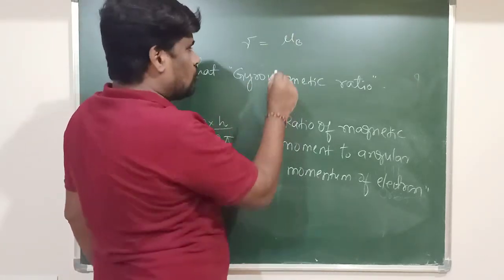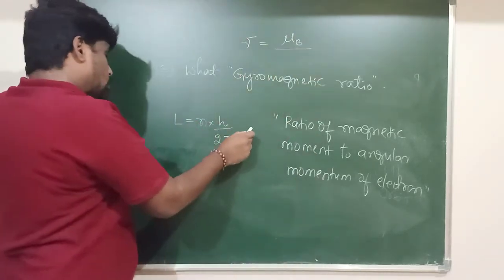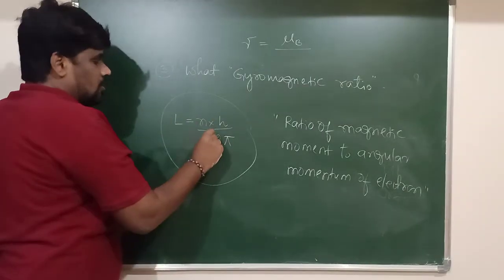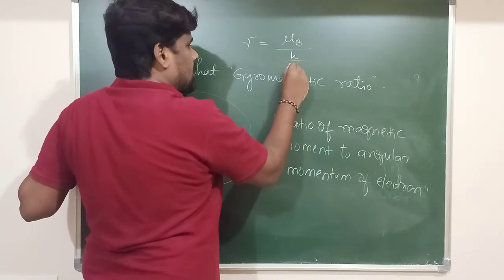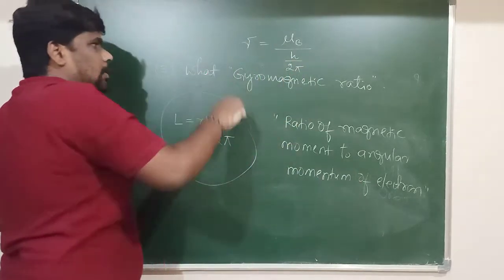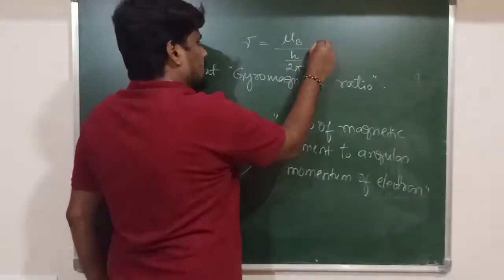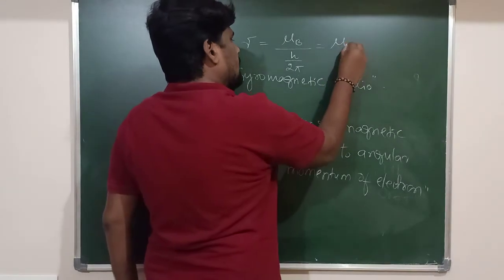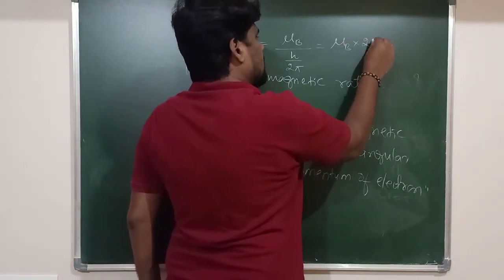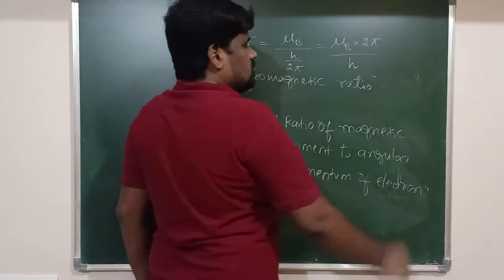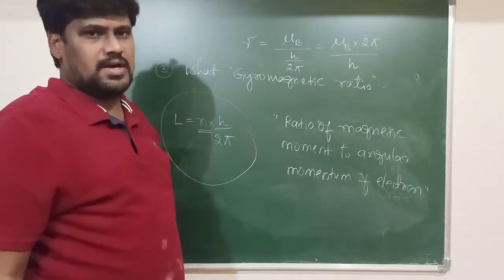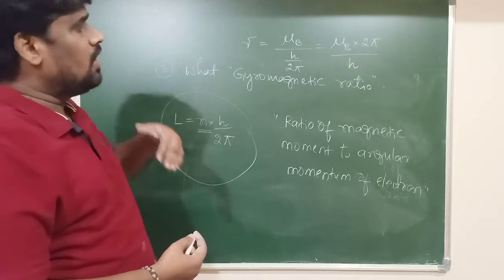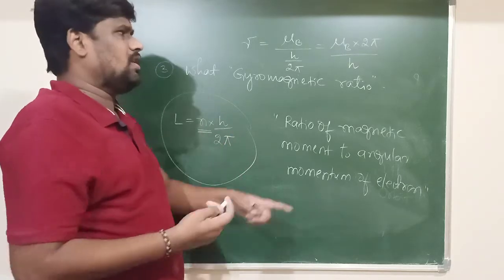It is also called Bohr magneton. Divided by what is the angular momentum of the electron revolving at the first orbit? That is given by what? h divided by 2 pi. Take 2 pi to the numerator. It will be μB into 2 pi divided by h. What is μB? It is called Bohr magneton. Its value we already know, 9.27 into 10 power minus 21.